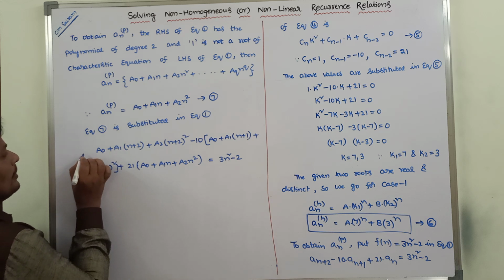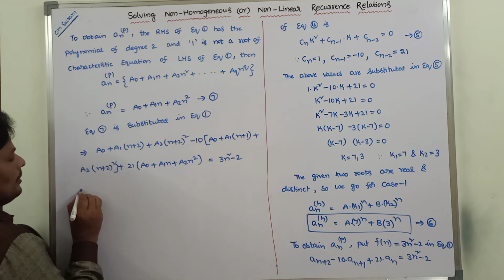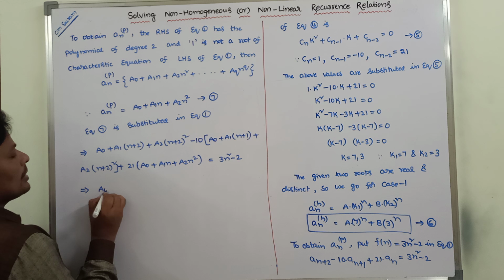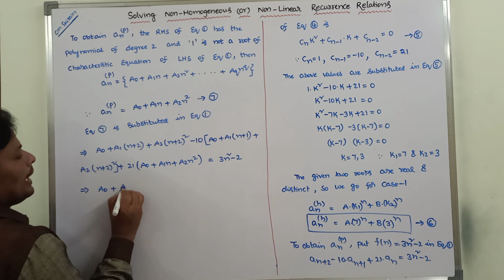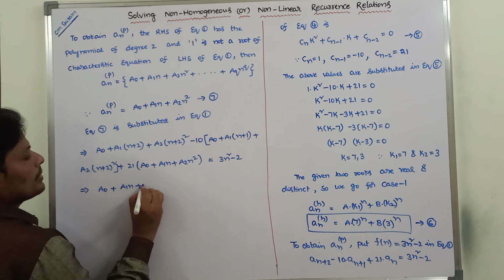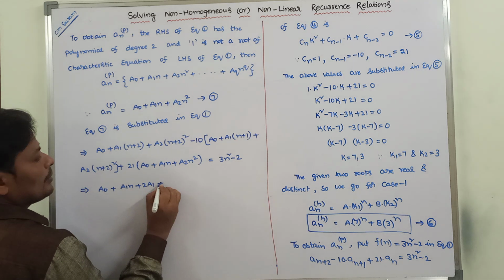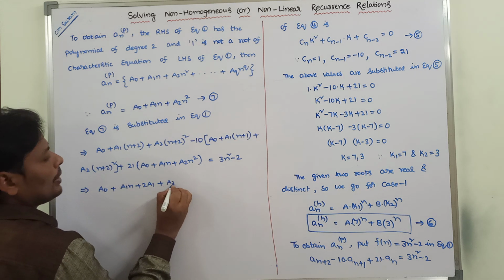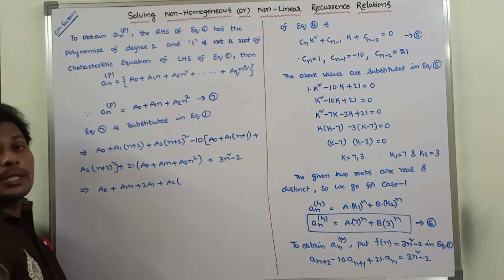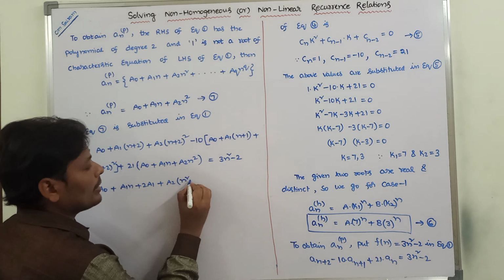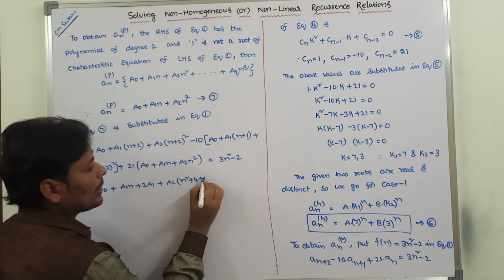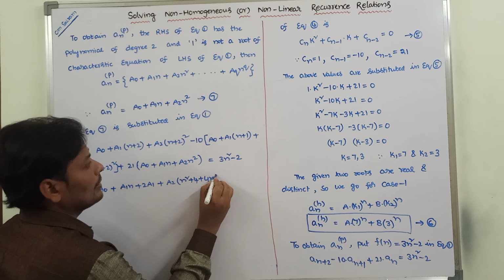So here, a0 plus a1 n plus 2 a1 plus a2 into (n plus 2) whole square can be written as n square plus 4 plus 4n.